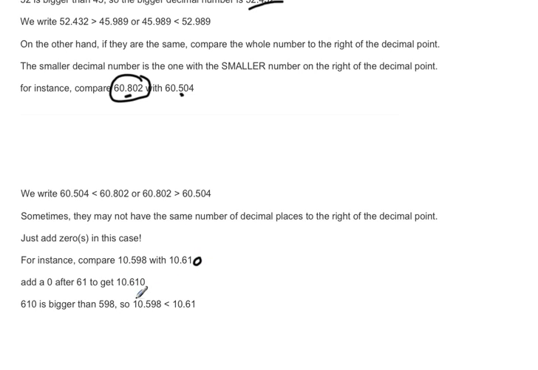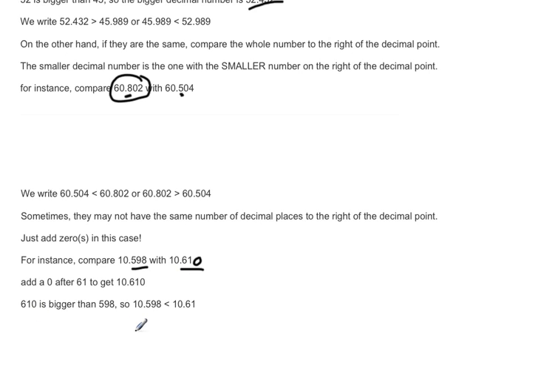So you can look at the numbers equally, just like I said right here. I added a 0. So now I can look and I can see that 610 is actually smaller than 598, even though I wrote them opposite.